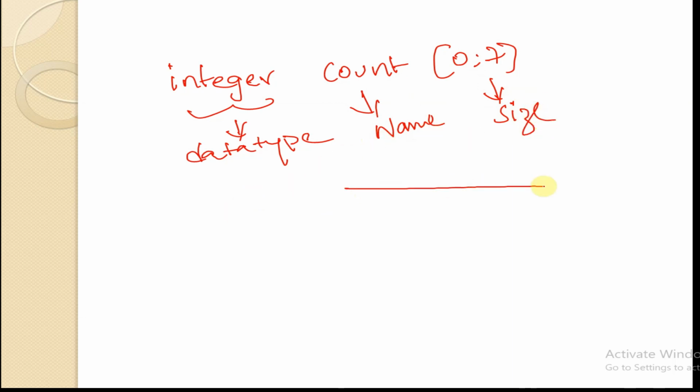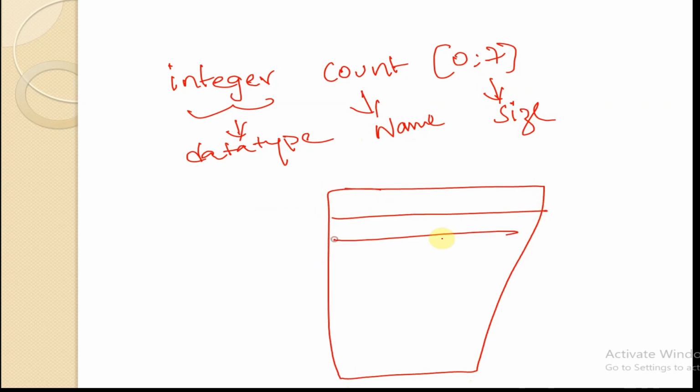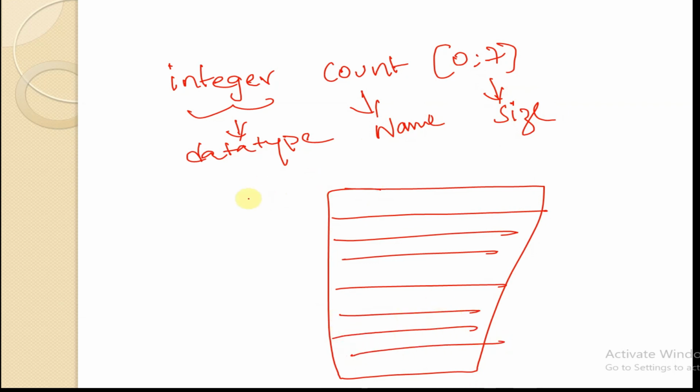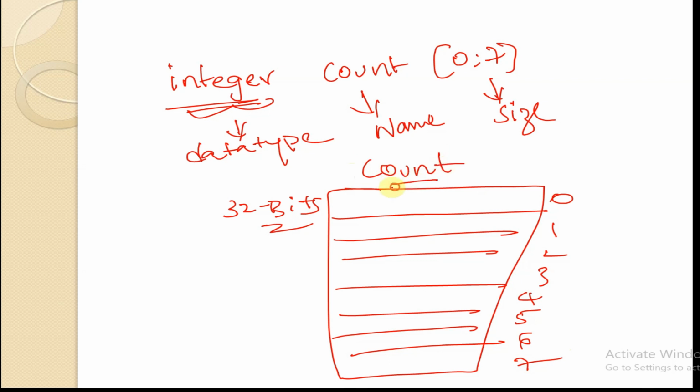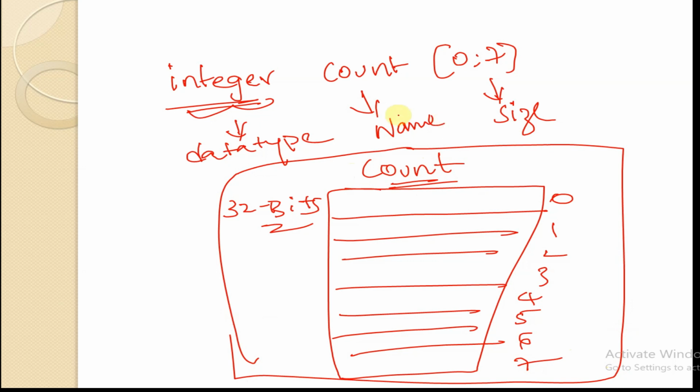So we have an array of 8 locations, 0, 1, 2, 3, 4, 5, 6, 7, and since we are using the integer data type, each location is 32 bit. This is the pictorial representation of the given array, integer count [0:7].